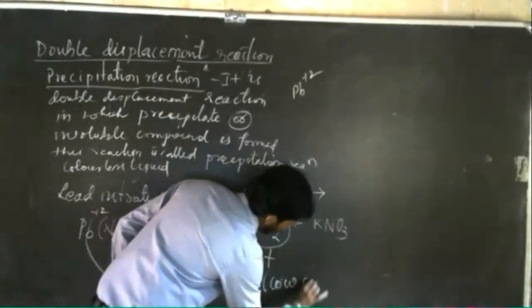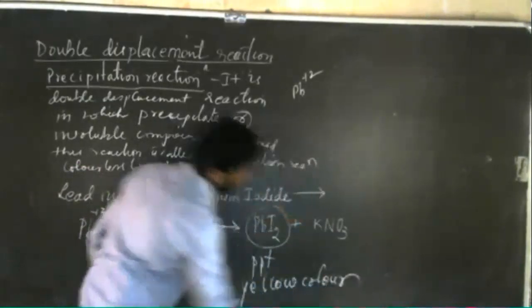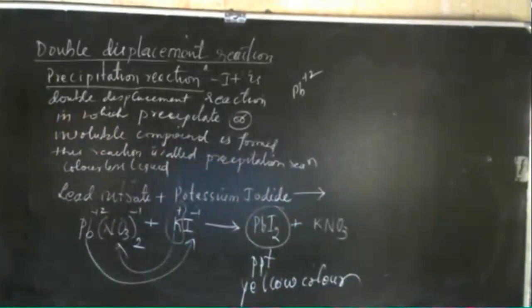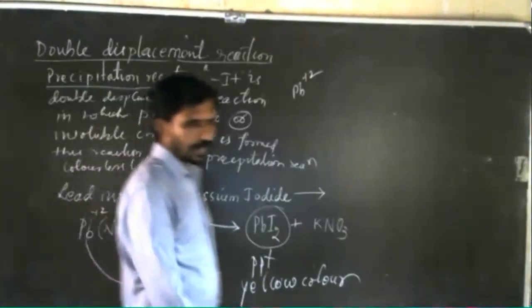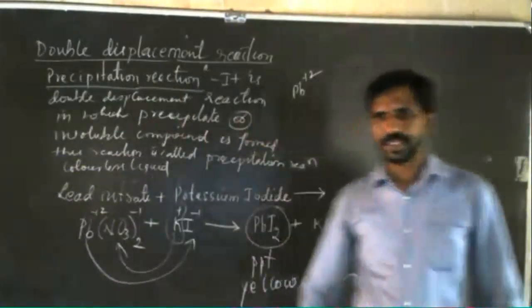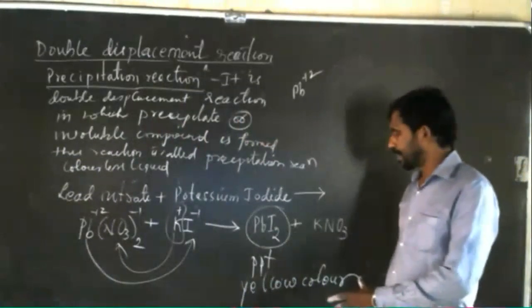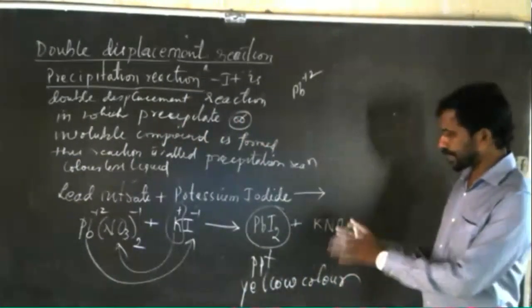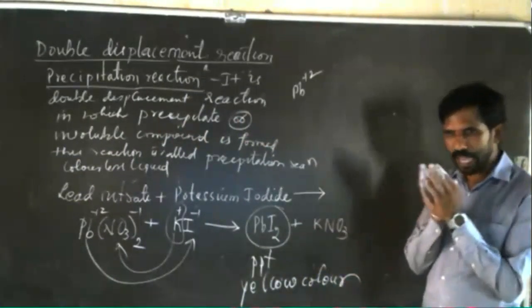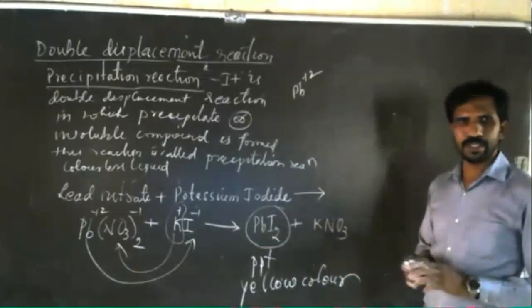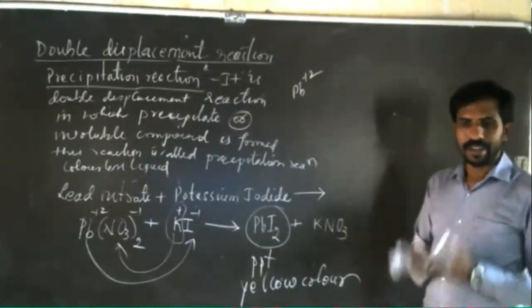This is the PPT over here, an insoluble compound which is yellow in color. A yellow precipitate formation is the best confirmation test. Yellow PPT will be formed. Is it clear?